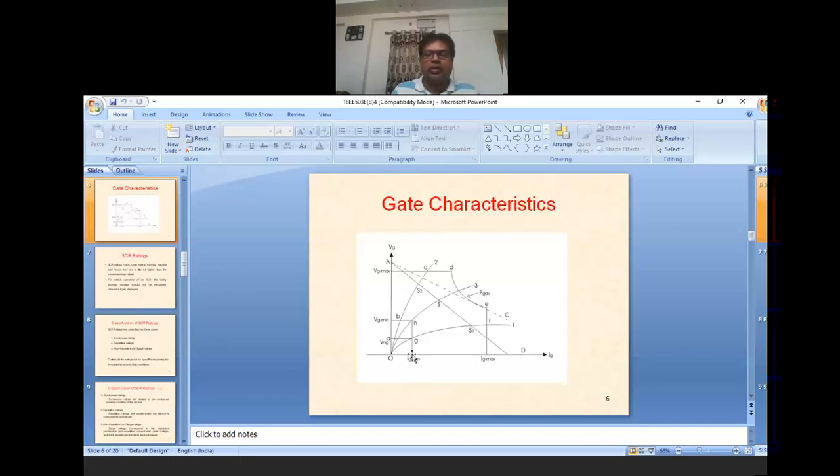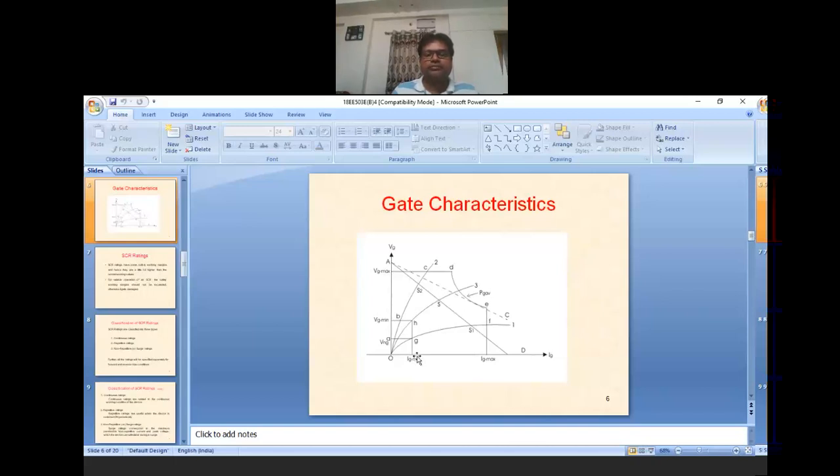So that is the lower limit for gate current, and corresponding again lower limit of the gate voltage between gate and cathode. So even though higher anode voltages are there across the SCR, if the gate current is less than the Ig minimum or gate voltage is less than the Vg minimum, it will not be sufficient to drive the SCR and turn it on.